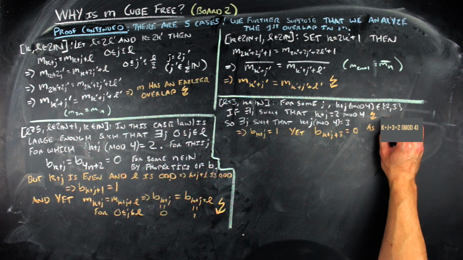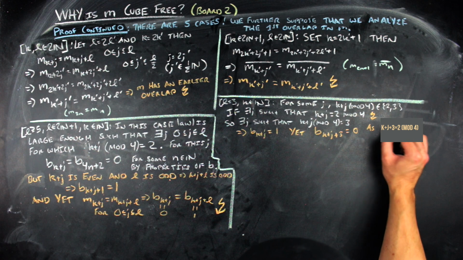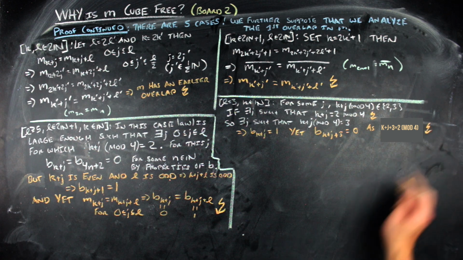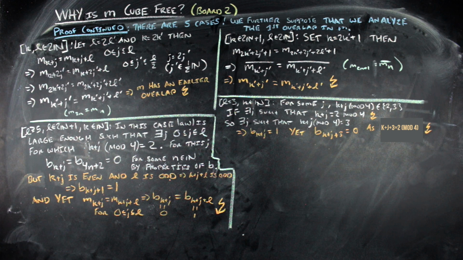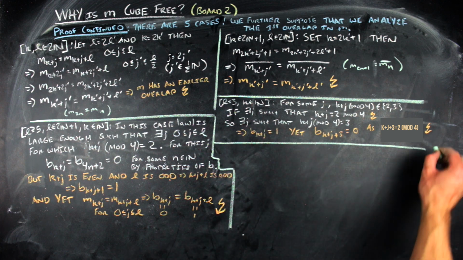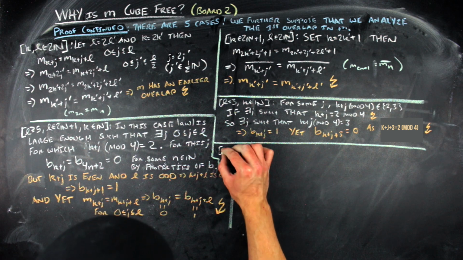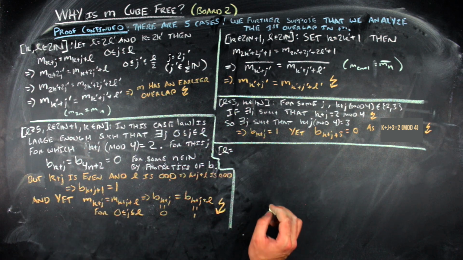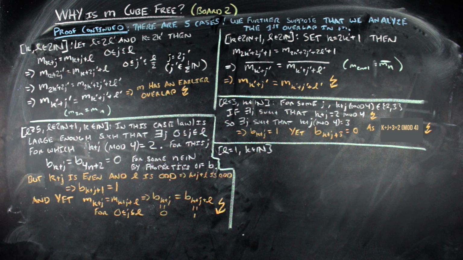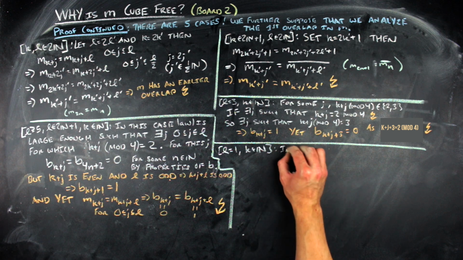And so that means that B sub K plus J plus L is going to be equal to 0. And the awawa again gives us the contradiction, because B sub K plus J should equal B sub K plus J plus L, and that is explicitly not the case here either.